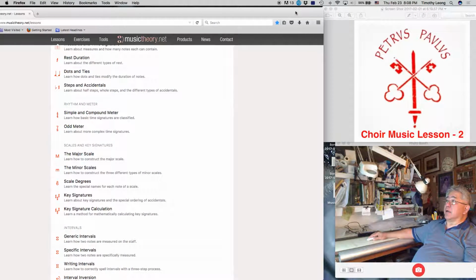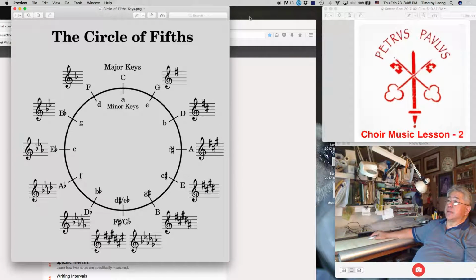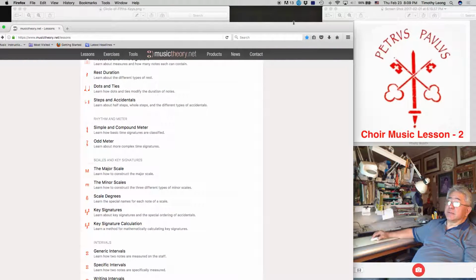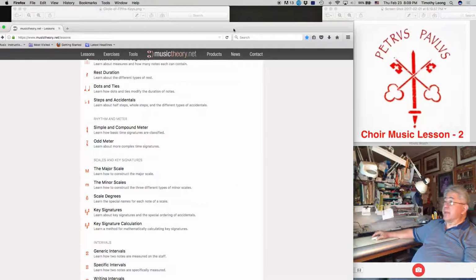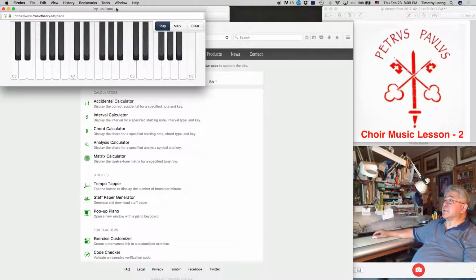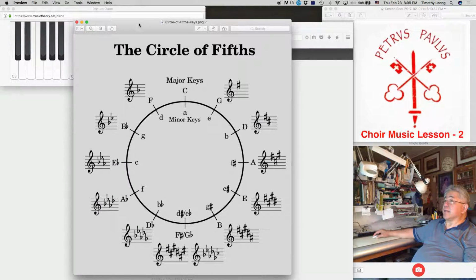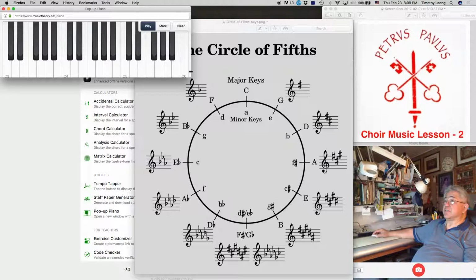And let's put our screen where we can get at it easily. And let's go to circle of fifths. Pop up. There we go. I need that guy, and I need that guy. Maybe I can make this guy a little smaller so you can see the key of that. Alright. The circle of fifths.